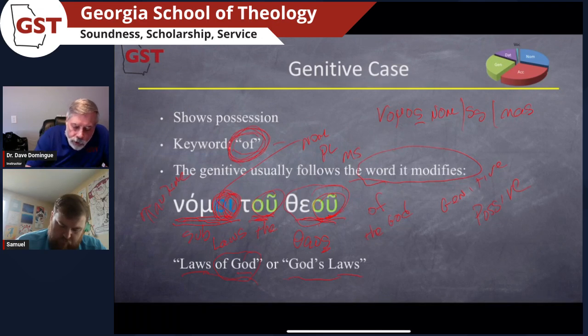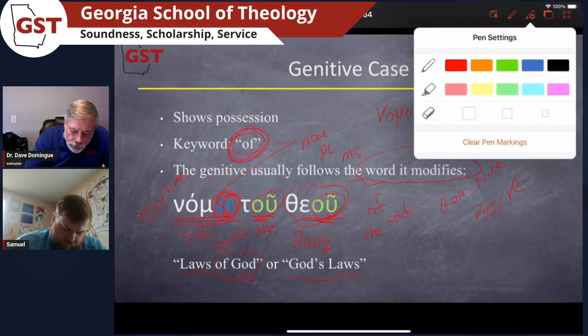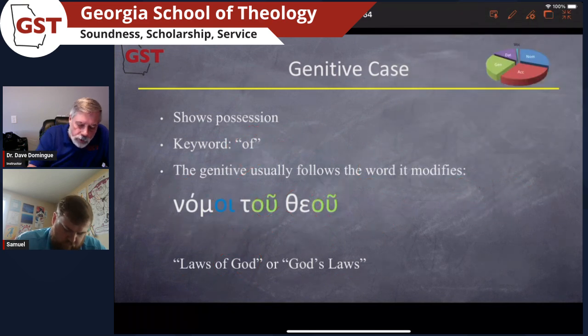And now the other thing I want to highlight here, just so you know, because it does come up, is that here is our genitive, and basically the genitive is modifying what's called the head noun.